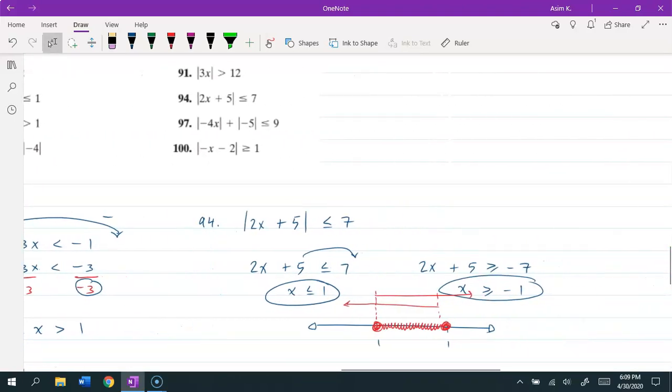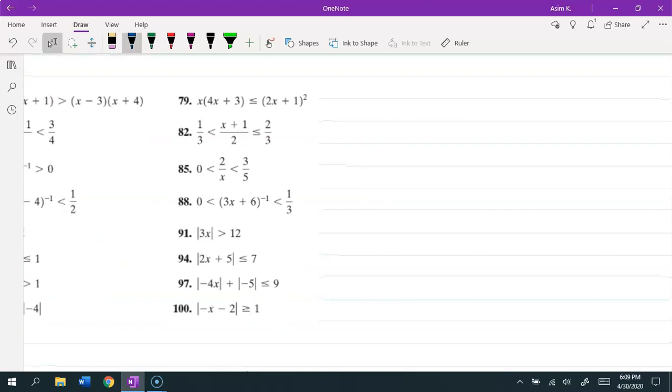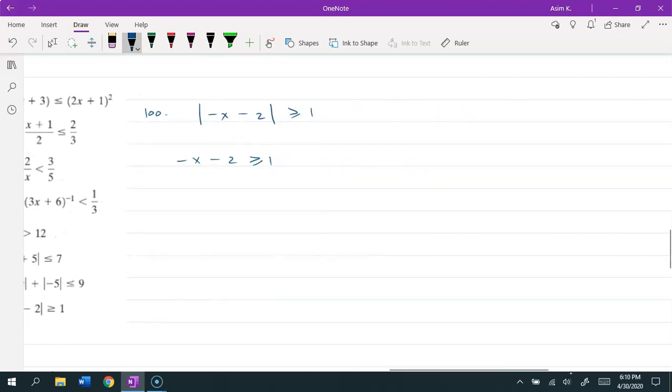And finally, the last one that we have on this set, and rightfully so, is number 100. Number 100 says that the absolute value of negative x minus 2 is greater than or equal to 1. So let's split this up into its two cases. Negative x minus 2 is greater than or equal to 1, and then negative x minus 2 is less than or equal to negative 1.